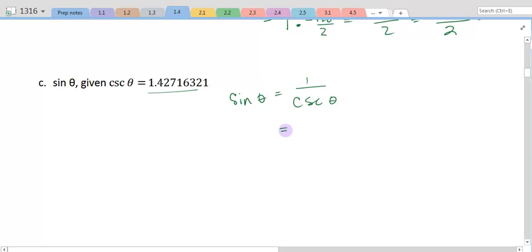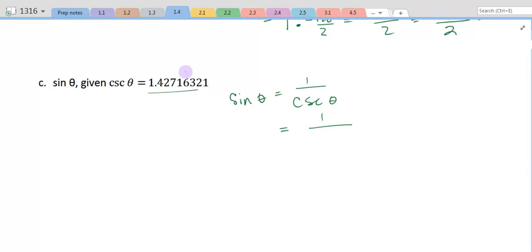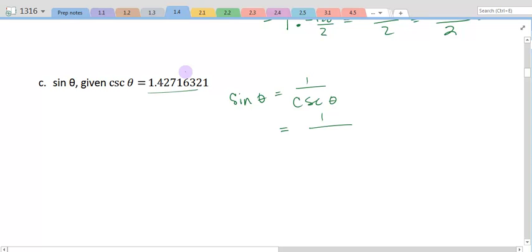That's going to clue me in that I'm going to be using my calculator. But in order to do this on your calculator, I'm going to rewrite it so that I put it into the calculator in the correct order. I'm technically looking for 1 over the cosecant of theta, which is 1.42716321. That's going to give me the sine of theta.